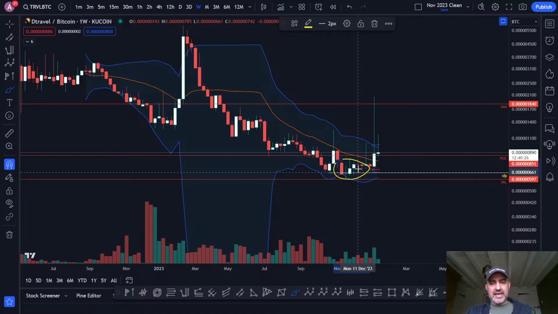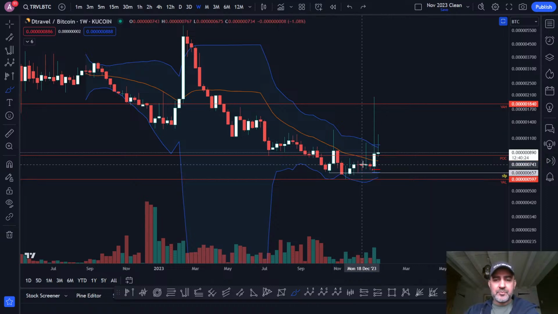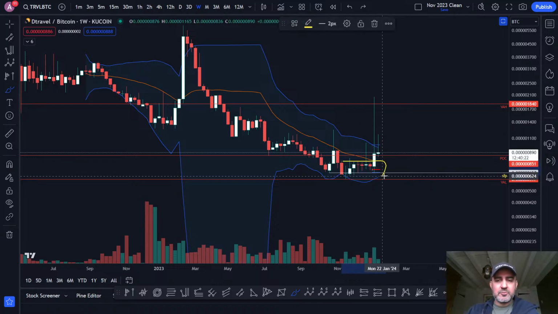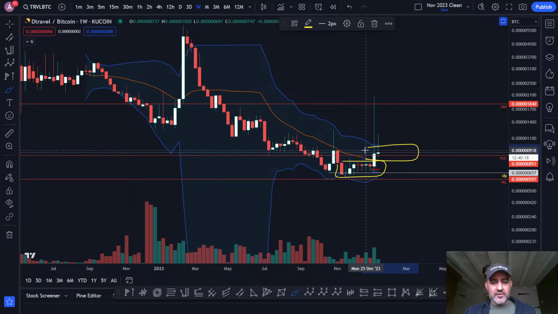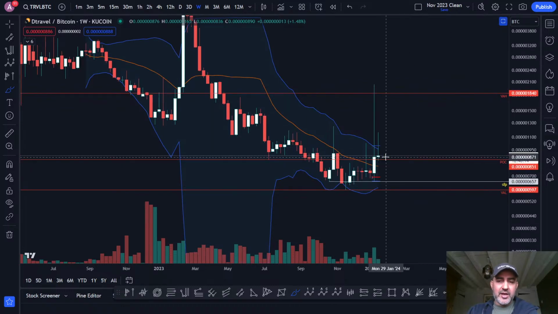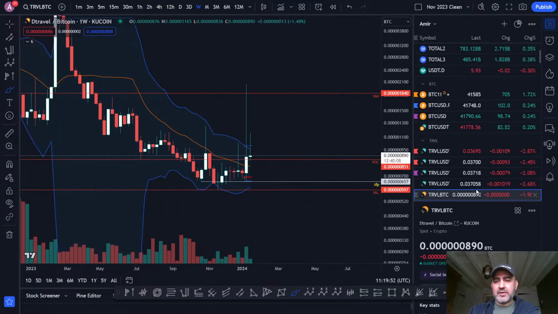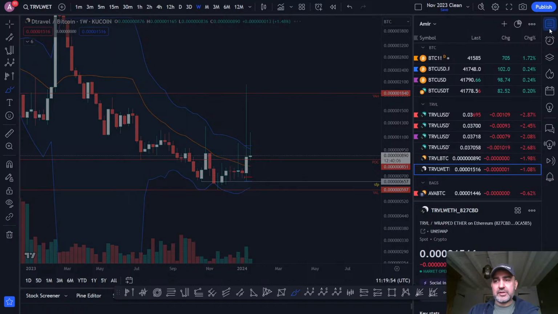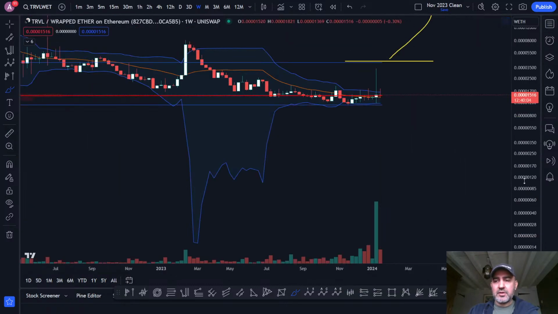I did say that in a previous stream: I think the Bitcoin chart needs some work, it needs to get into the top half. Finally, it looks like we're in the top half, and we're holding there. So naturally, the longer we are here, the more bullish it's going to look for TRVL.